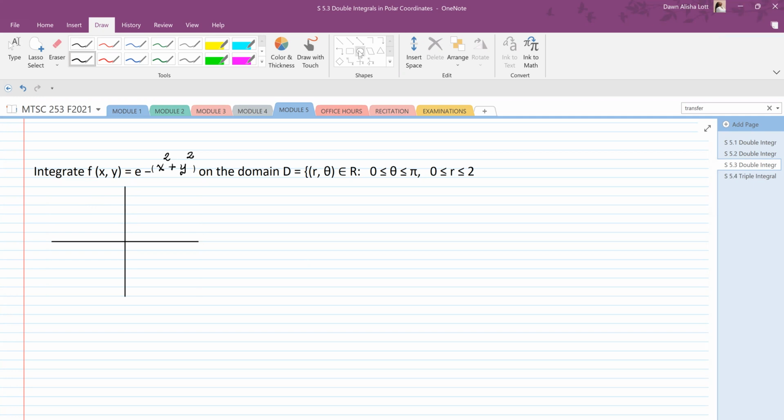So, okay, it's a circle because we're talking about r being between 0 and 2. So we know we got a circle.